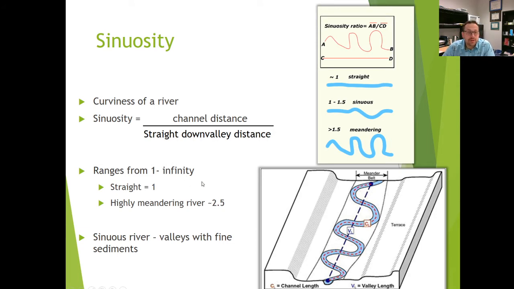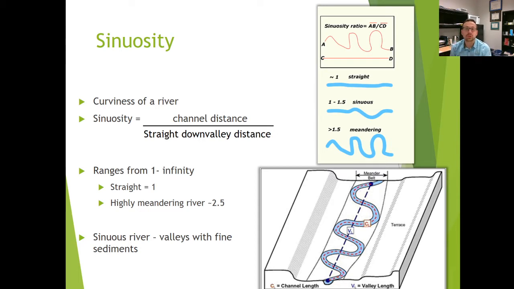So a completely straight river would mean that the valley length and the channel length are the same, which would be 1. And then a highly meandering river, something that looks kind of like this, would be at a sinuosity value of 1.5 or bigger.